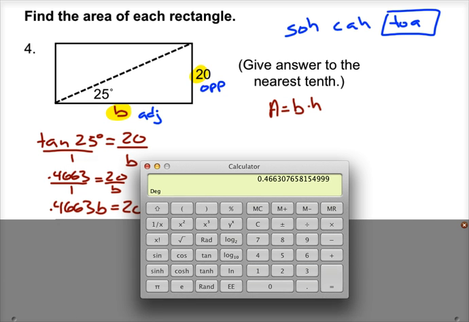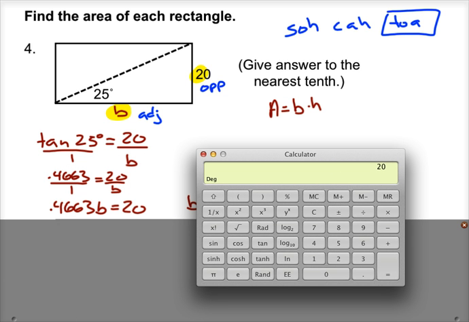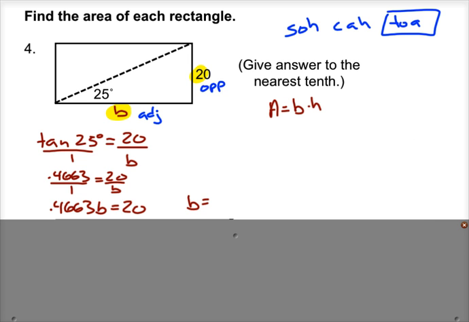I need to figure out what is 20 divided by 0.4663. And I get, I'm going to write 42.89. And I'm not rounding to the nearest tenth yet because I still have some more math to do. So now I can figure out my area.